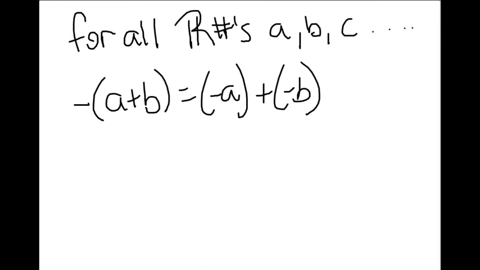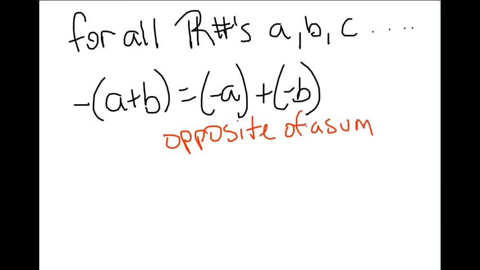Alright, so our last property for all real numbers says that if I take the opposite of A plus B, it's just like taking the opposite of A plus the opposite of B. And so we call this rule the opposite of a sum. That's the property. And I want us to take a look. So if I have negative 2 plus 5, well, first thing I want to do is 2 plus 5 is 7.